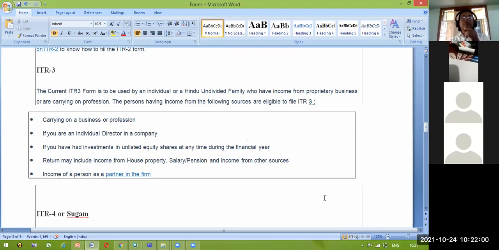If he does not have business income, then choose 1 or 2 accordingly. But if you have business income, also salary, house property, pension, and income from other sources, please come to ITR 3. And suppose you are a partner of a firm, then that income also will come under ITR 3.